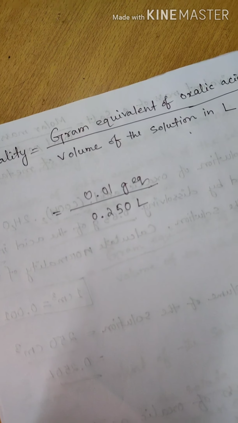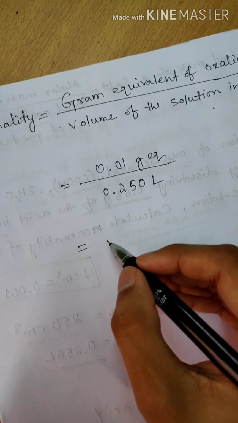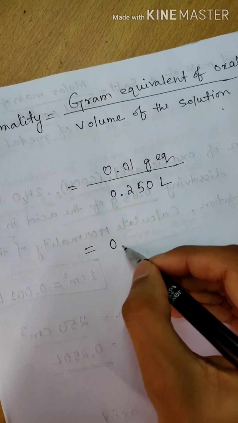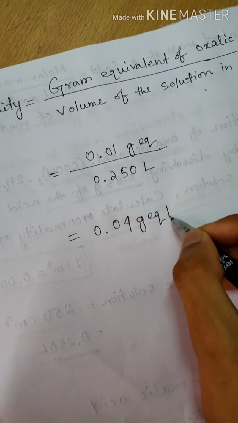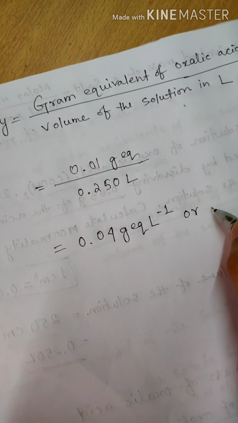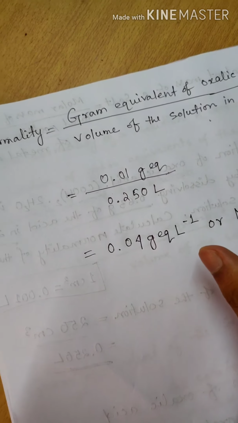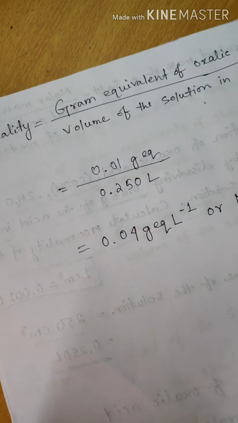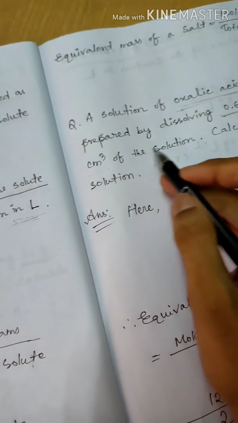If we simplify this, our result will be 0.04 gram equivalent per liter, or you can write simply N, because the unit of normality is also N. So this is the normality of this solution.